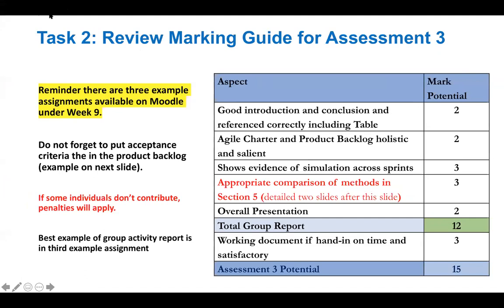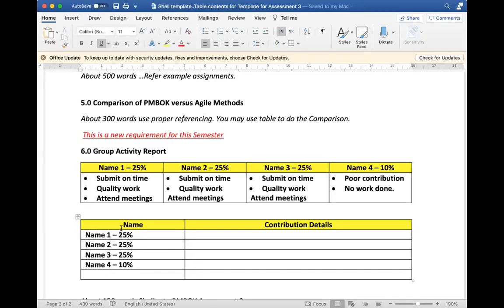In one of the earlier tutorials, I showed you something along the lines of the shell template, and I showed you 2 ways where you can demonstrate the work that people have done. I want to clearly see the contribution and the name of everybody. I want to clearly see the details. If someone did 10%, they haven't contributed. If someone had 0%, they haven't done any work whatsoever.